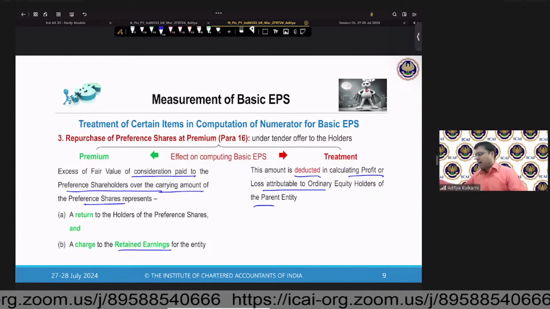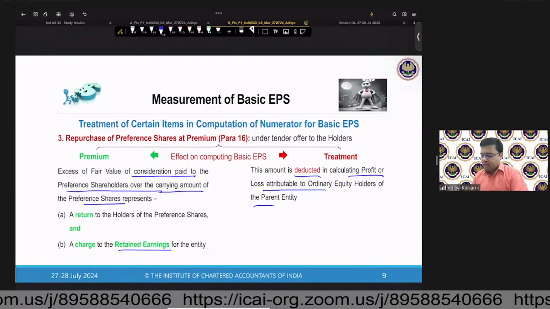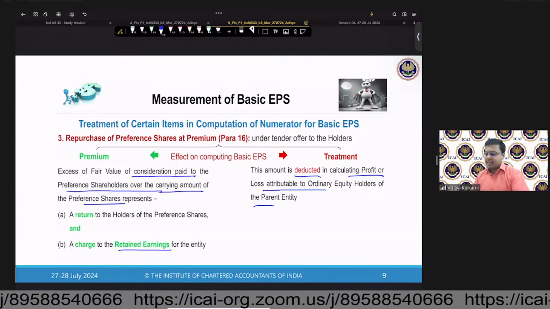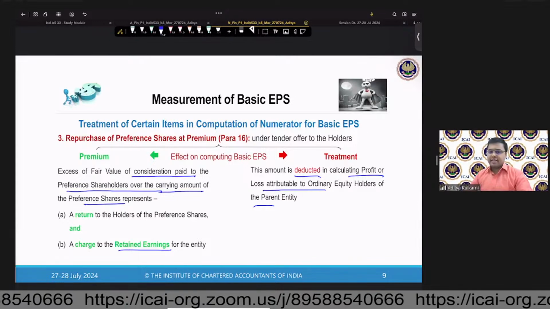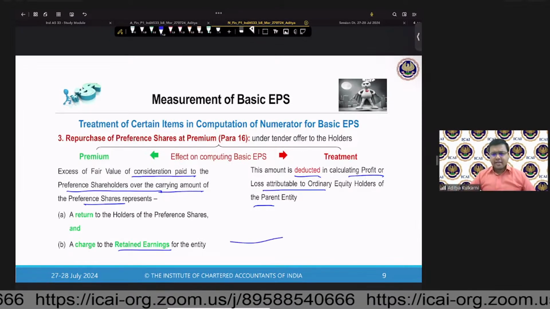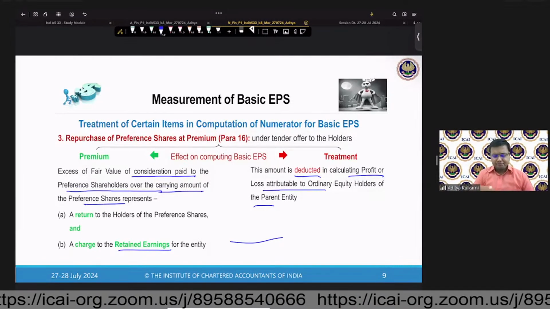This treatment I will have to do because ultimately we are having these profits reduced for the ultimate shareholder. Is it okay? Yes. Are you having any doubts on this? Anybody?